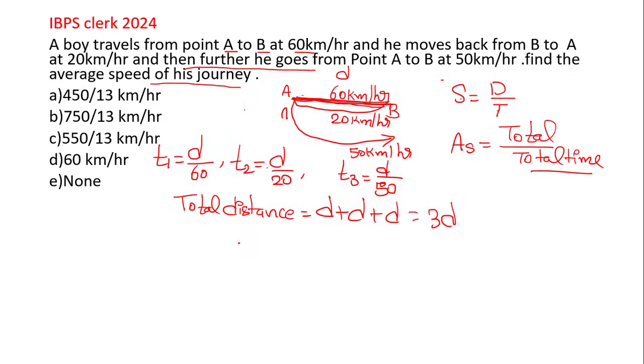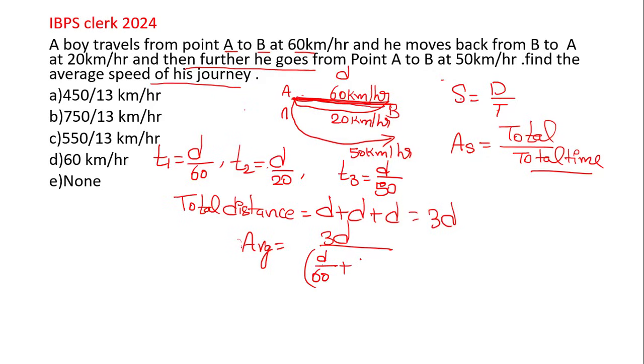So average speed is total distance 3d by total time, that is d by 60 plus d by 20 plus d by 50, which is time 1 plus time 2 plus time 3. It may look complicated, but I want to tell all the methods. This is the first method.